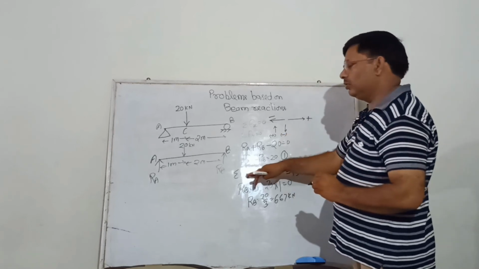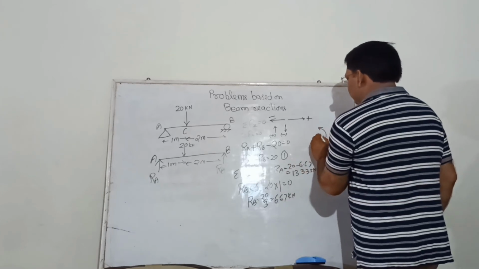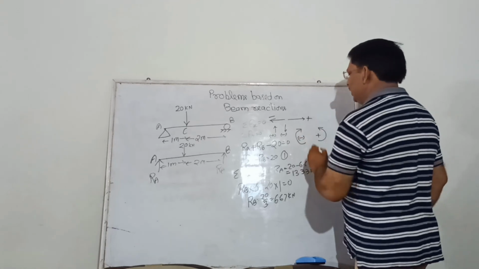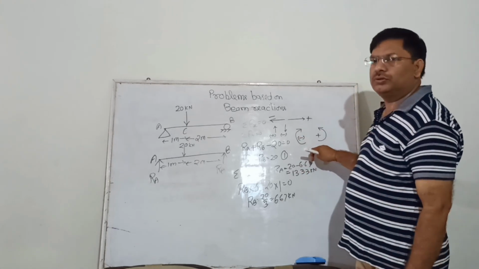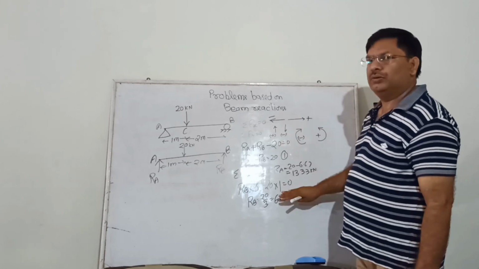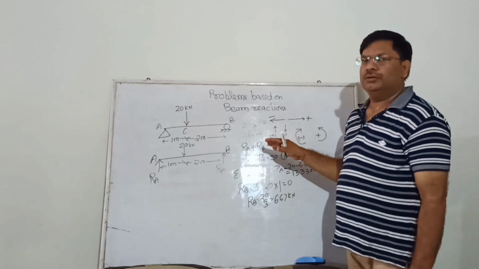Now the convention for moment is anti-clockwise moments are taken as positive and clockwise moments are taken as negative. So this is the sign convention for moment. By using this method, we can find out the value of reactions in each and every beam.